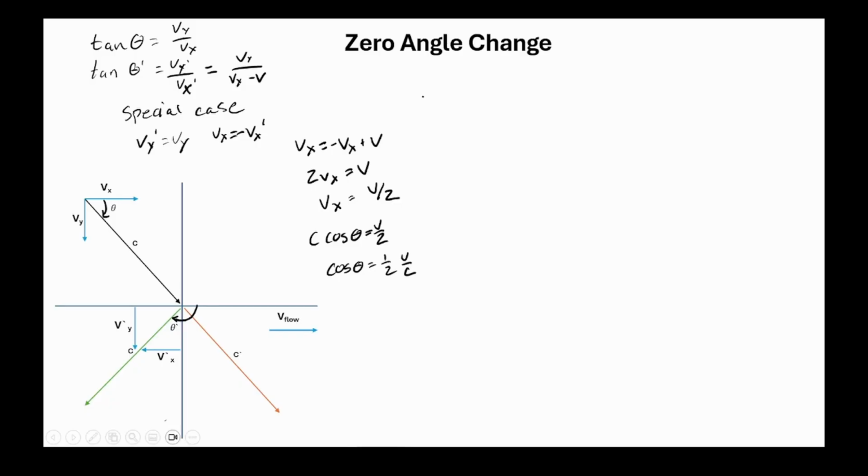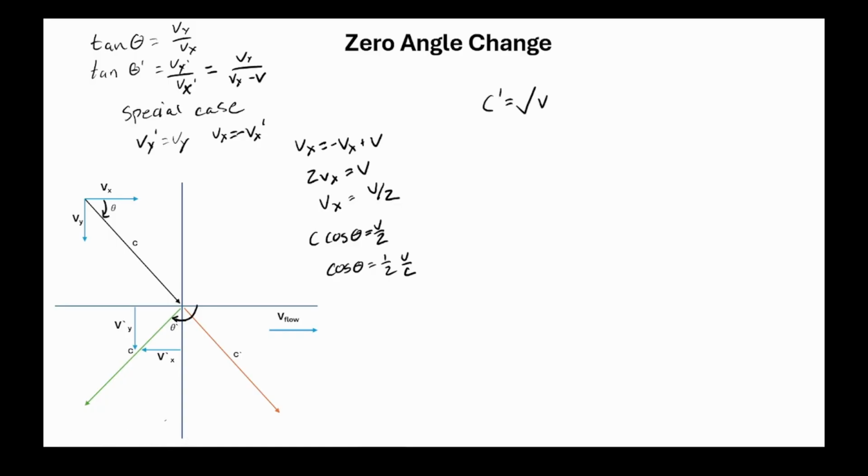Now, something interesting there is that before I showed that the apparent velocity of the advected light, that would be C prime, is going to differ based off of the incoming angle. However, in this condition, let's look at what that's going to be.